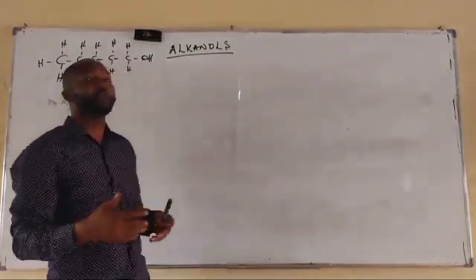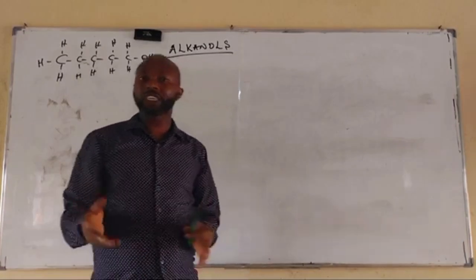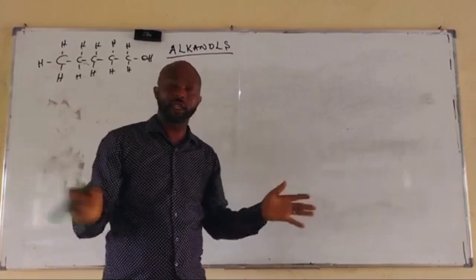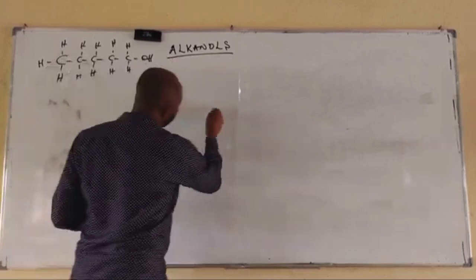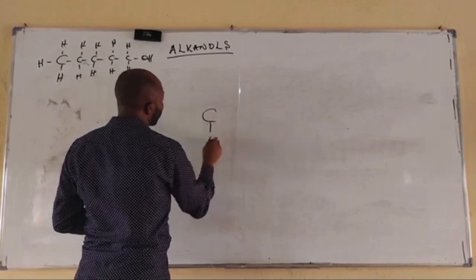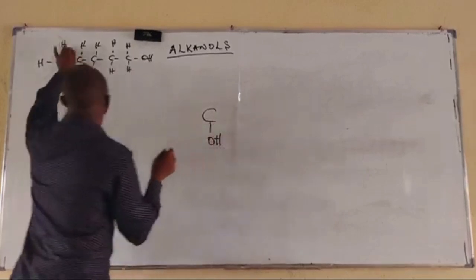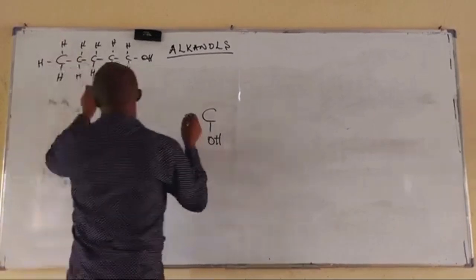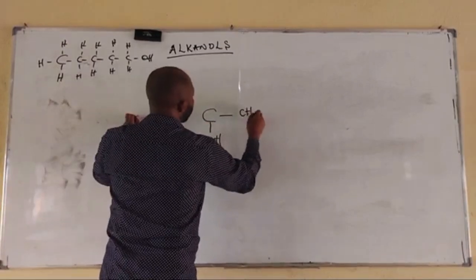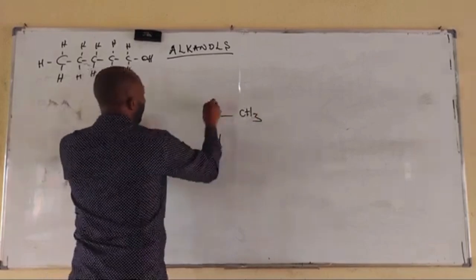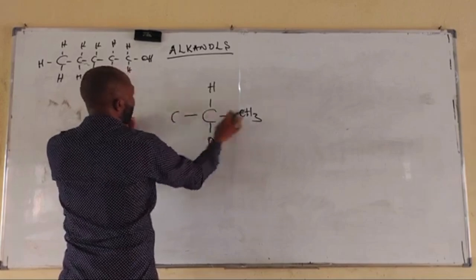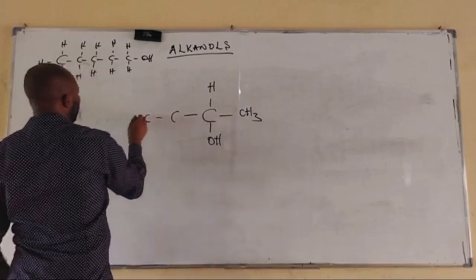Now, for a compound to be chiral, which is optically active, it means that carbon is bonded to 4 different substituents. So let's take this carbon 1 in the middle. We have OH, they say, which is isomeric to pentanol. So we have OH, we have CH3, we have hydrogen, and we have 1, 2, 3, 4, and 5.